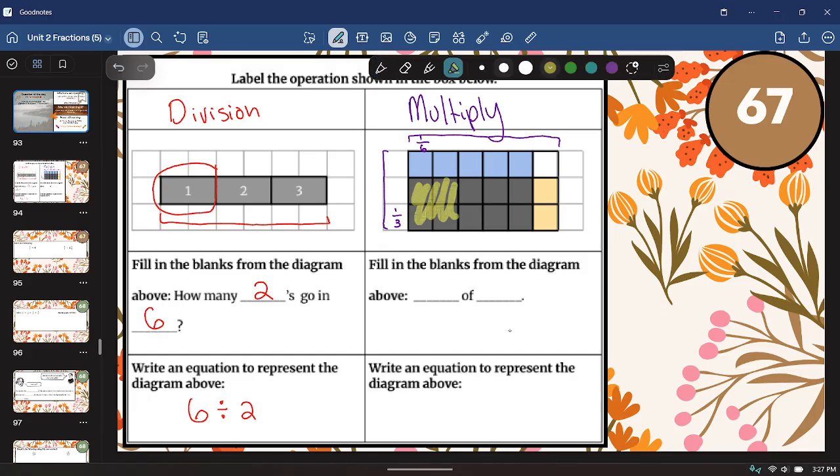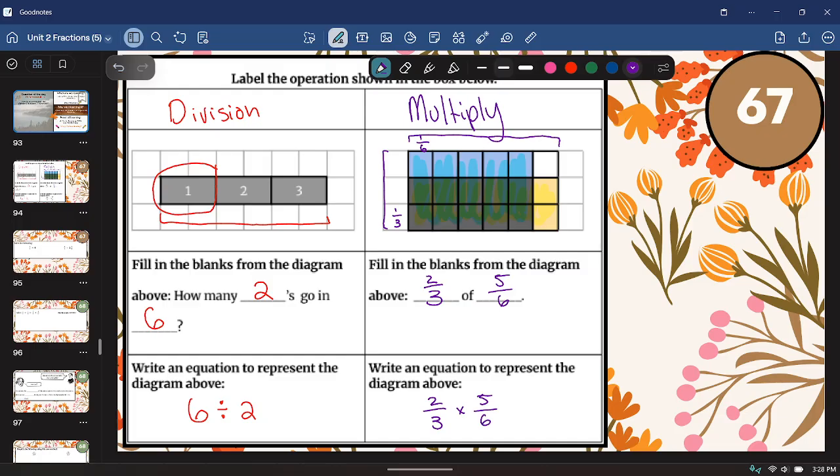Down here, 2 of the 3 got filled in, meaning that they multiplied 2/3. And they filled in 5 of the 6 up here, meaning they multiplied 5/6. We kept saying that was 2/3 of 5/6, or 2/3 of a set of 5/6, stuff like that. And that would just be a multiplication problem.